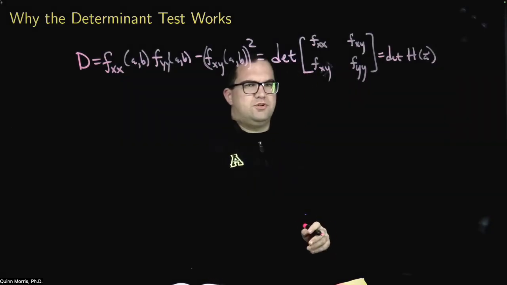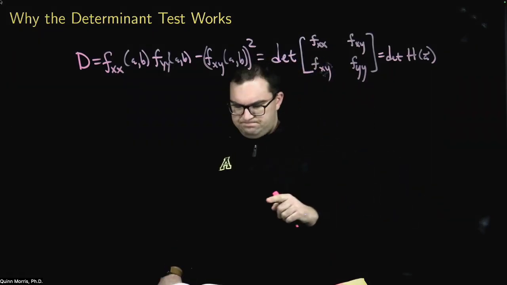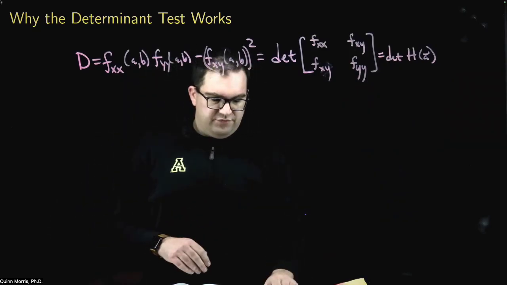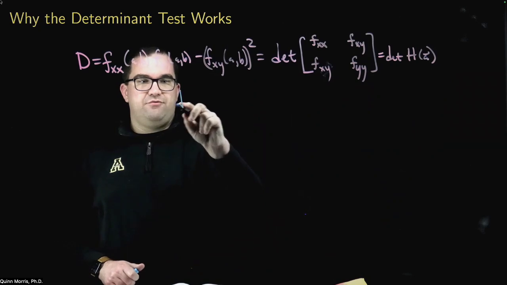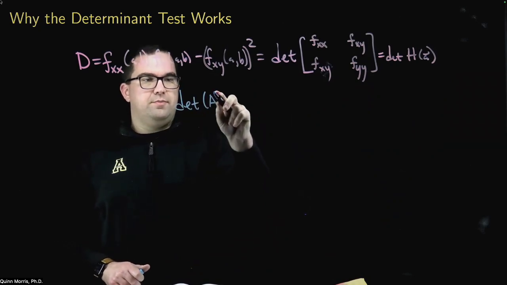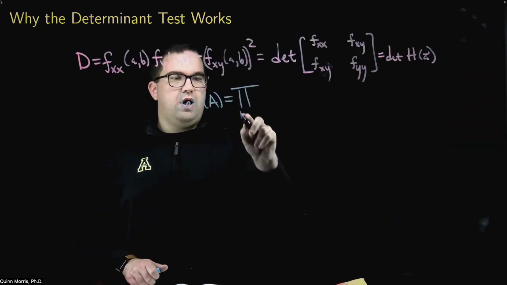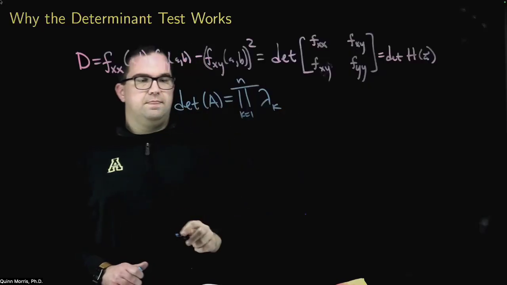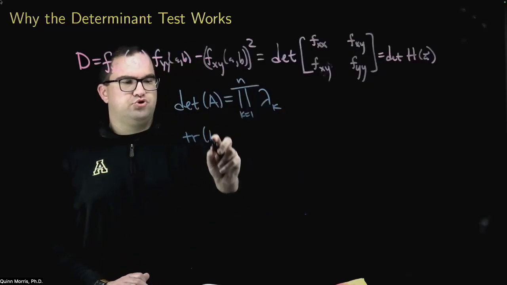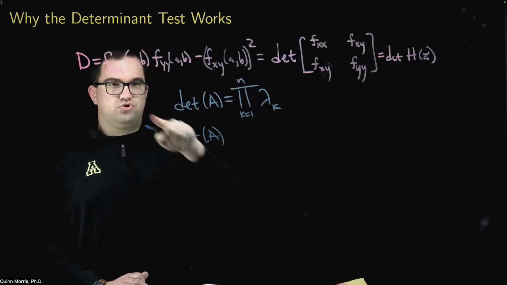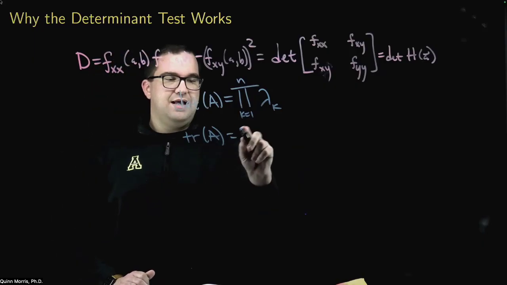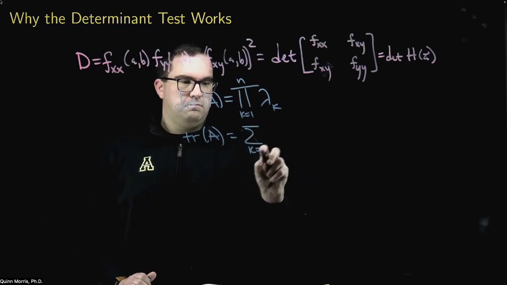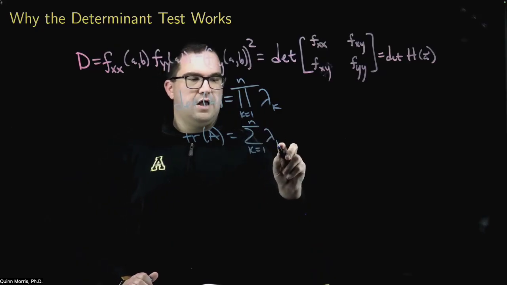Now, what on earth would the determinant have to do with it? Our theorem talked about eigenvalues. So what we need to remember are some facts from linear algebra, namely that for any matrix A, the determinant of A is equal to the product of its eigenvalues. And then there's one other piece, which is that the trace of A, the sum of its diagonal entries, is equal to the sum of its eigenvalues.